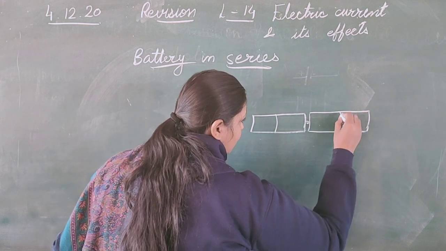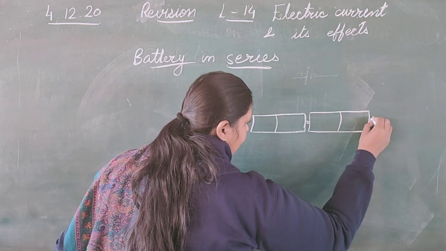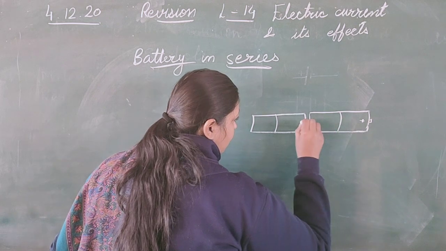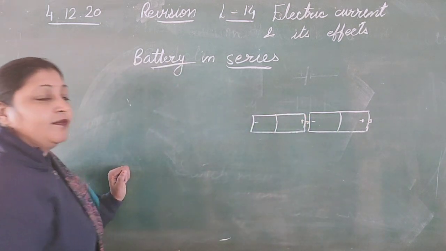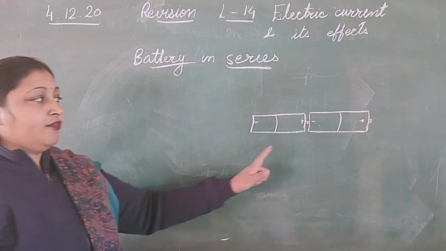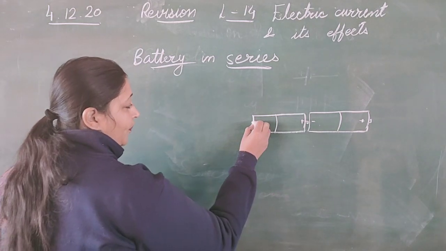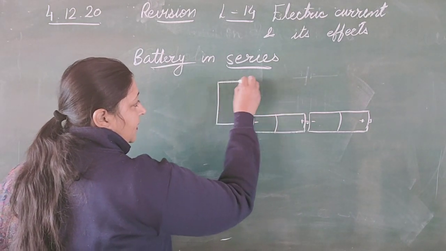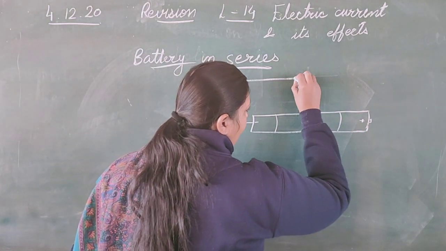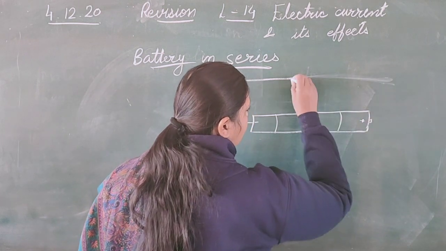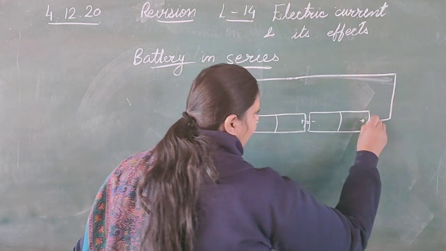In this way, I have connected a battery. This is positive, negative, positive, negative. So, I have connected cells in this way. This is a battery and they are attached to a wire.